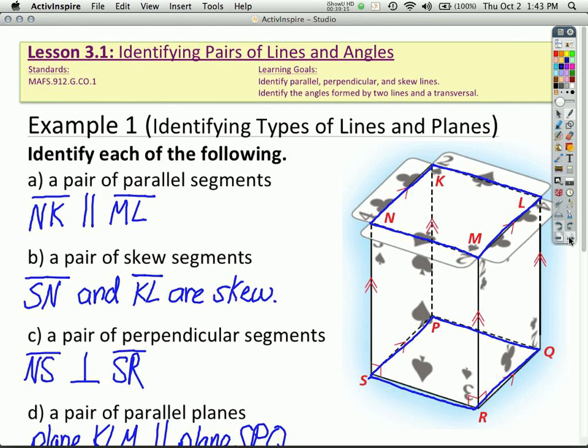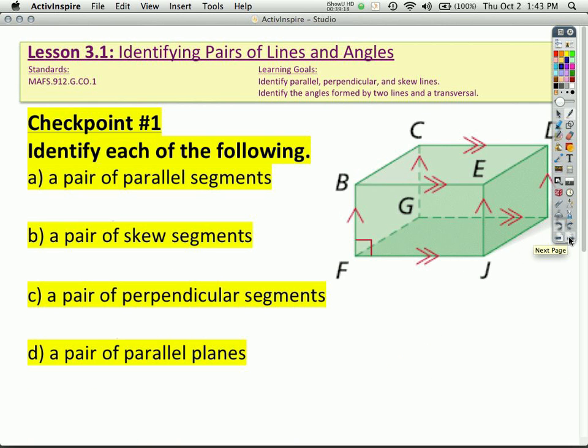Okay, so give it a shot on your own. You do not have to copy anything. You just need to provide me with the information. Identify each of the following.